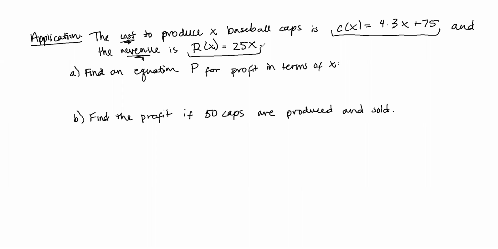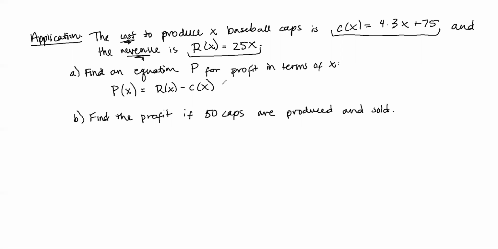So the first thing they want us to do is find an equation P for profit in terms of X. So what we're looking for here is the profit as a function of X. So we're going to have P of X. Now, profit is all the money that you make, so we have to subtract the cost from the revenue, from the total amount that they made from these baseball caps. So we're going to have R of X minus C of X.